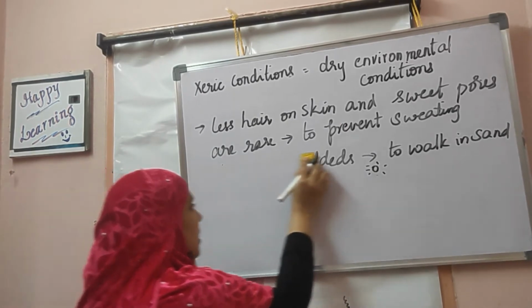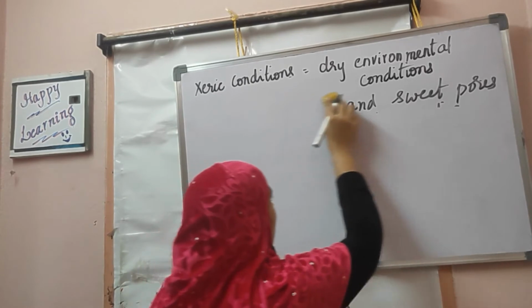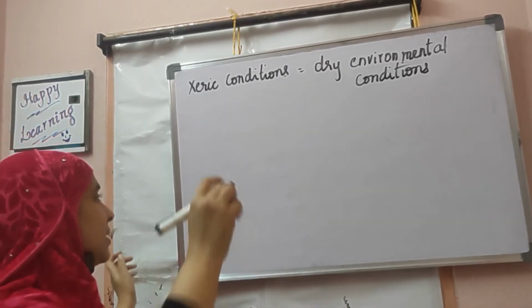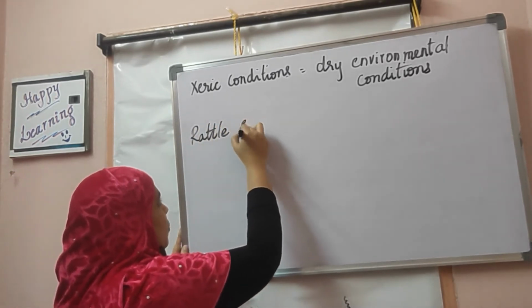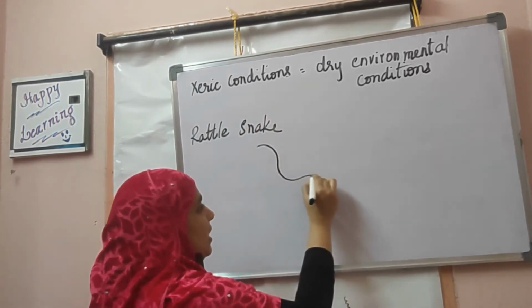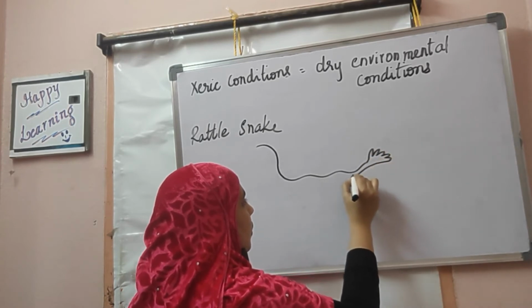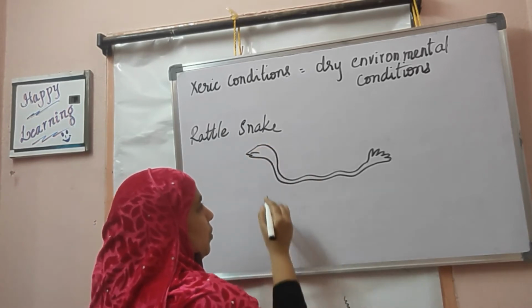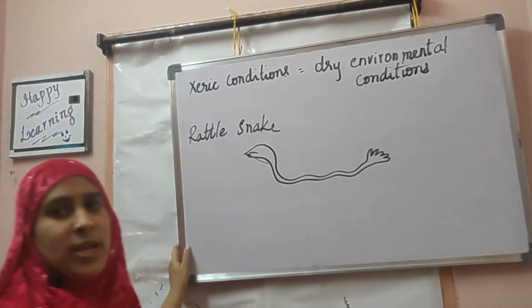The next organism is the rattlesnake. The name rattlesnake suggests that it makes a rattle sound at the end of the snake's tail. There is a rattle like this, and it moves the rattle to make sounds.